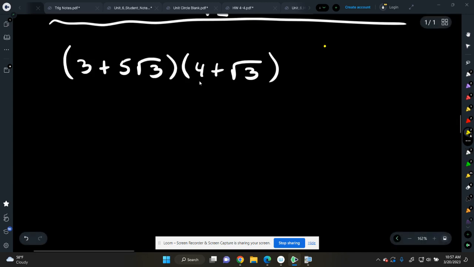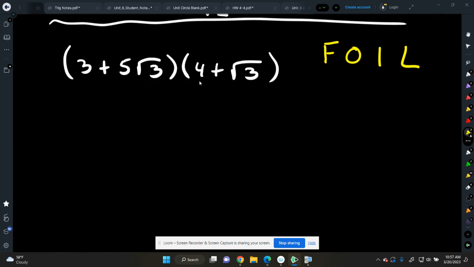Binomial times a binomial? Starts with an F? Foil. Right? We're still distributing, but it's called foiling. So we're going to do first times the first.